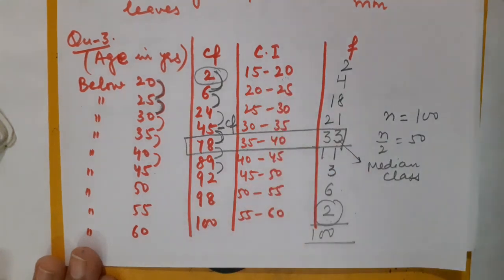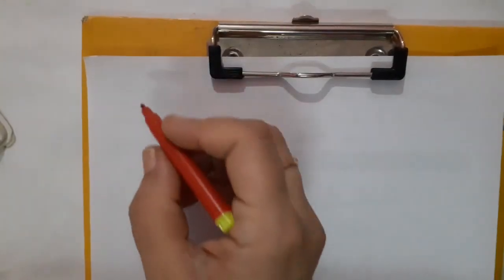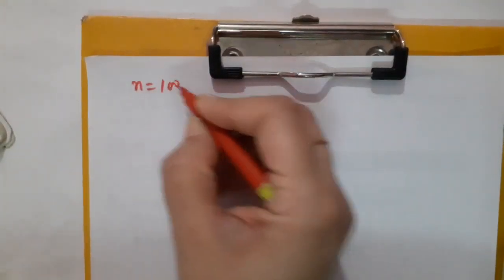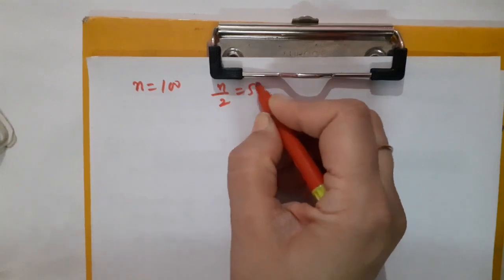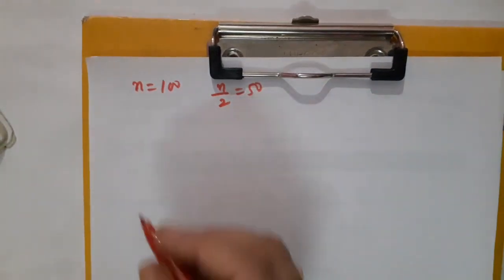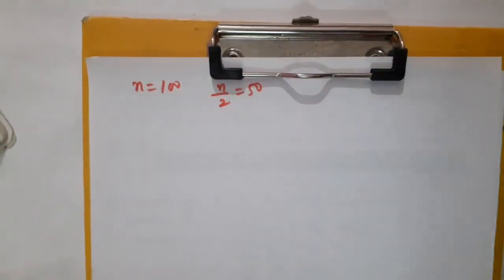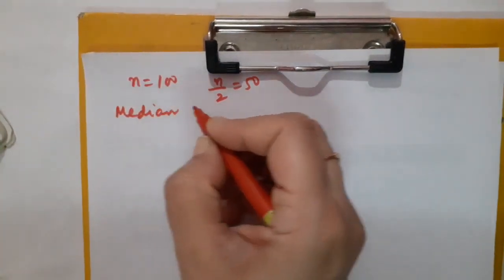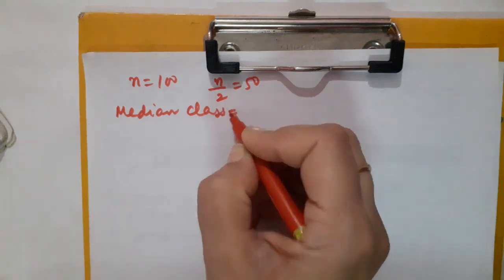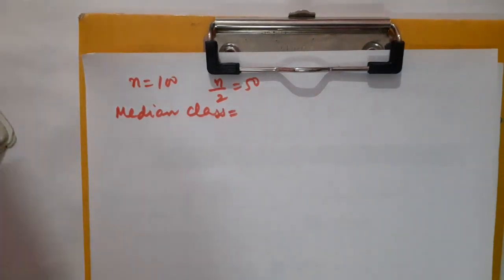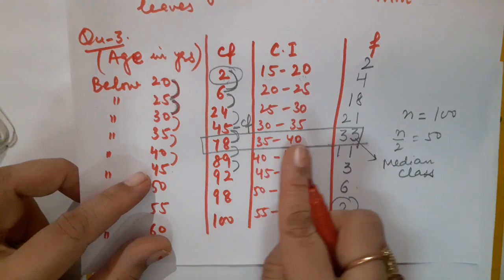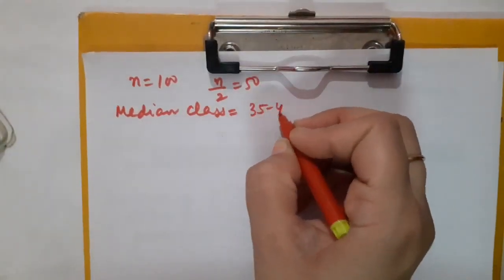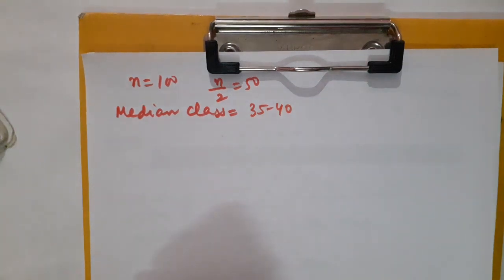So let us write down all these details so that we can calculate the median. First of all, n is equal to 100. So n by 2 will become 50. Now our median class, please have a look at the previous sheet. This is our median class, 35 to 40. This will give us the lower limit.